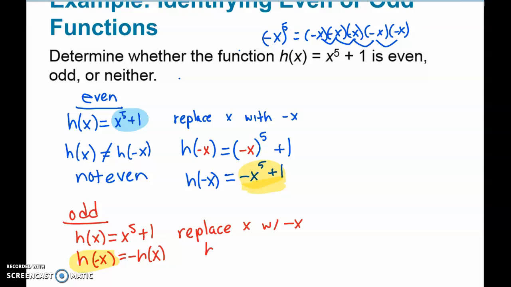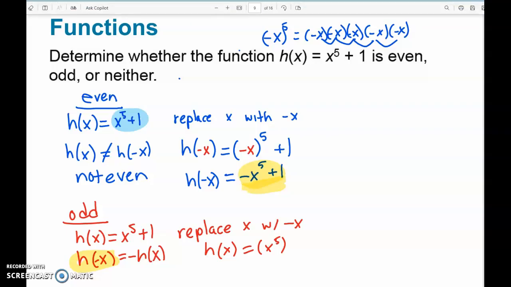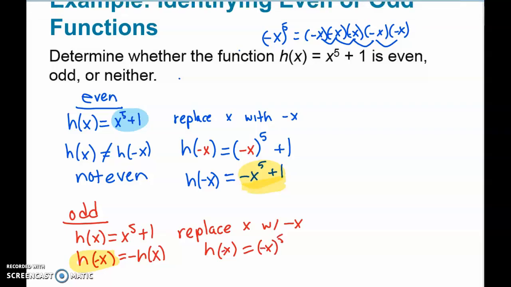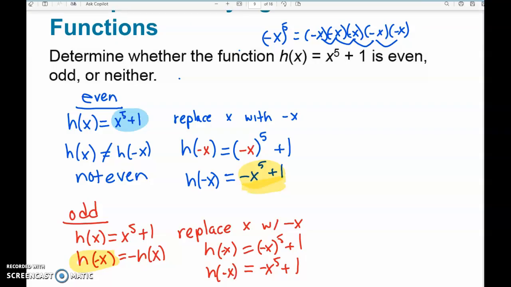So replacing the x with negative x, I already found this part. I'm just rewriting it here, but I already did that just up above right here.